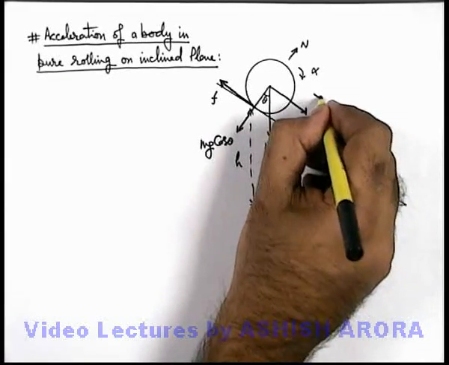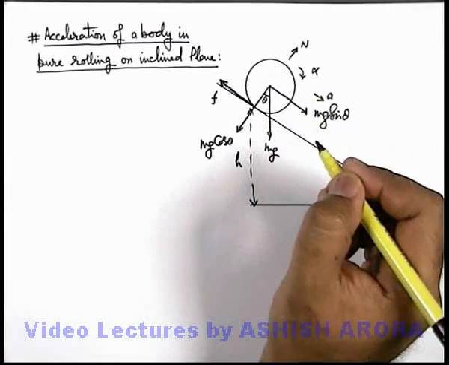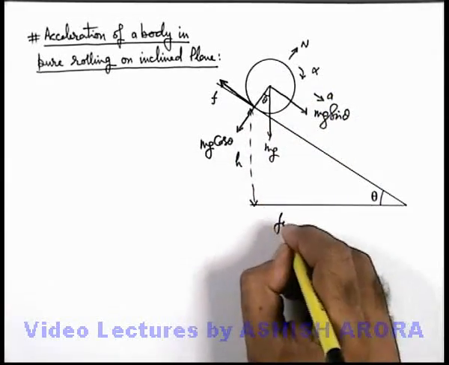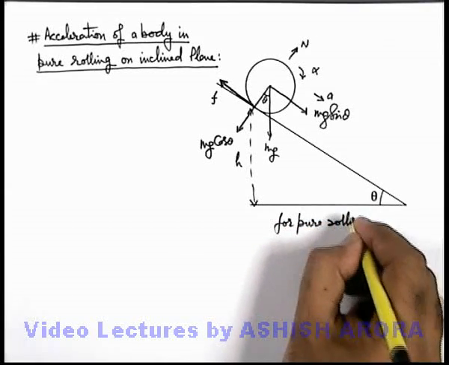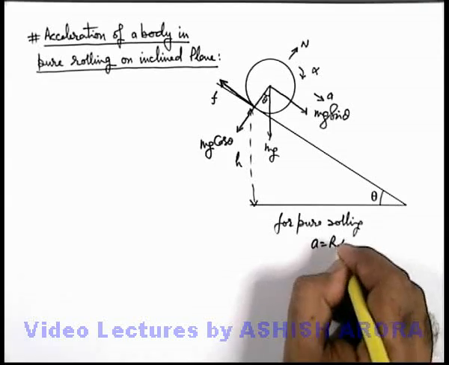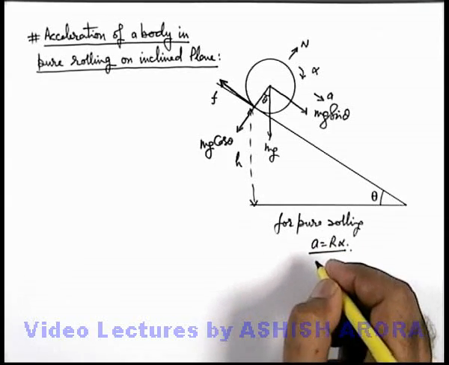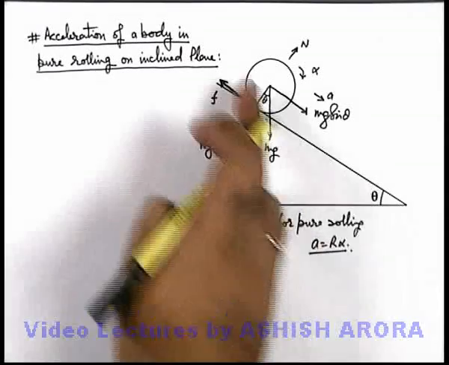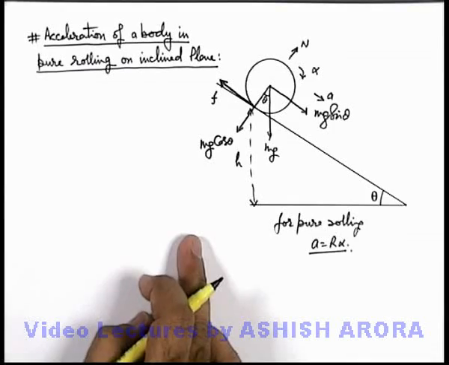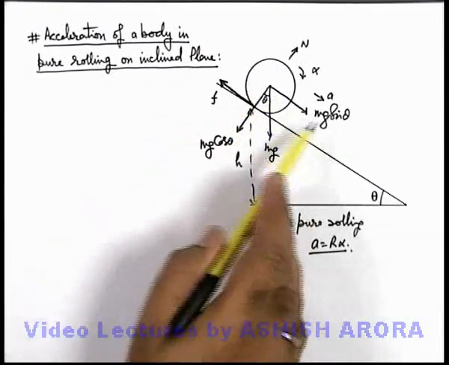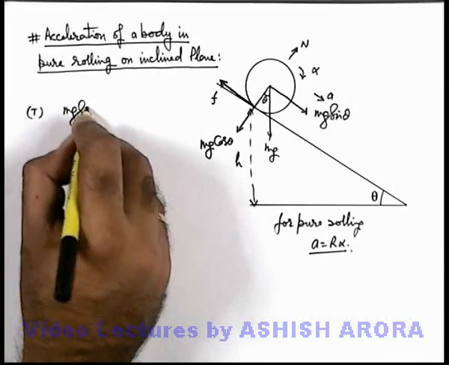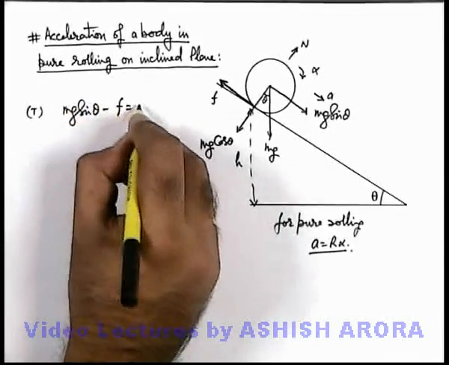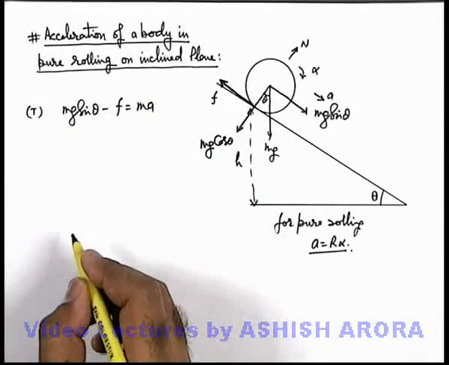Say it will move translationally with linear acceleration a, and we can write for pure rolling, a equals r alpha. If we write down the equations of motion for this body, for translatory motion, the equation would be mg sin theta minus friction equals ma.